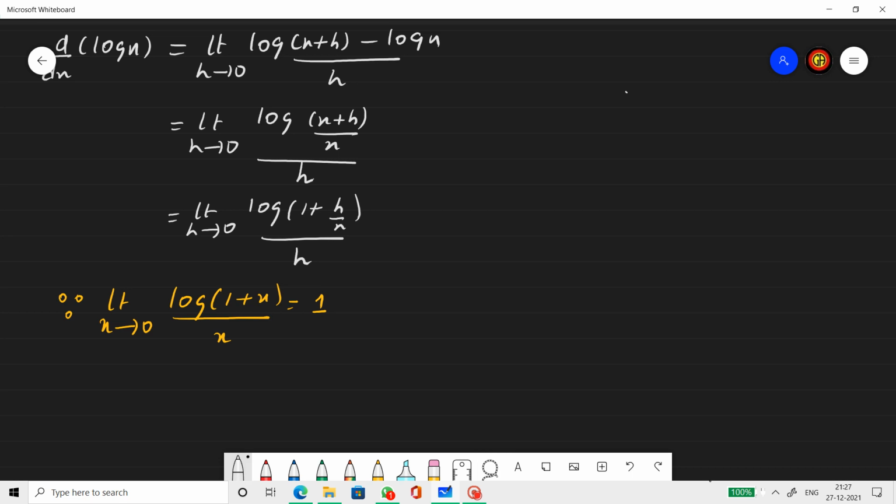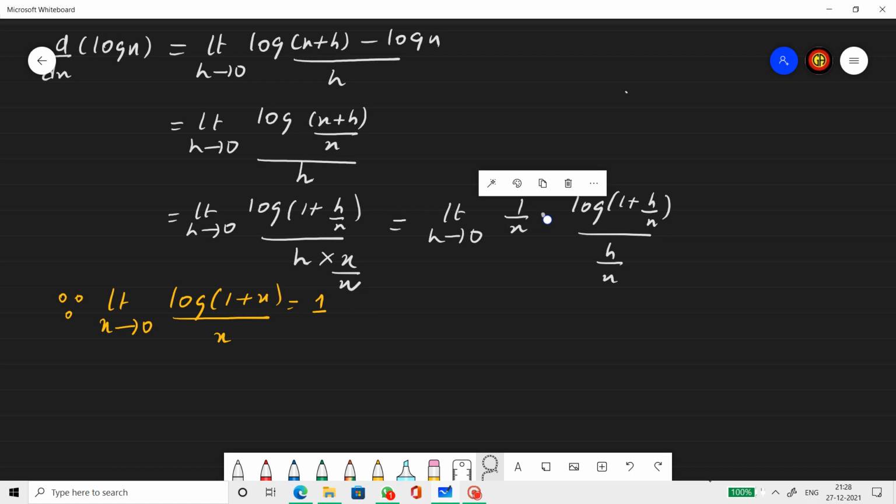So in order to get h by x in the denominator, I'm going to multiply and divide by x here. So this will become limit h tending to 0 of 1 by x into log of (1 + h by x) by h by x. Now as you can see, 1 by x is free of h.